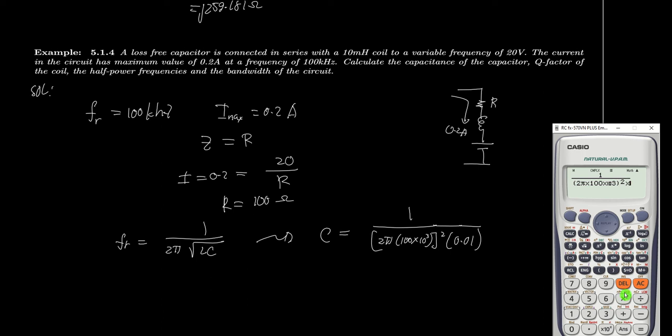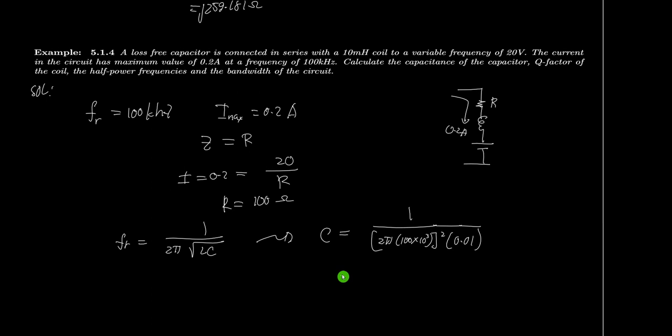Then we have the capacitance, which is equal to 253.3 times 10 to the negative 12, or simply picofarad. So C is 253.3 picofarad. That's the value of the capacitance of the capacitor.